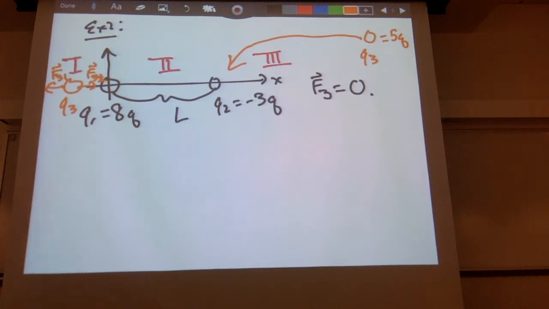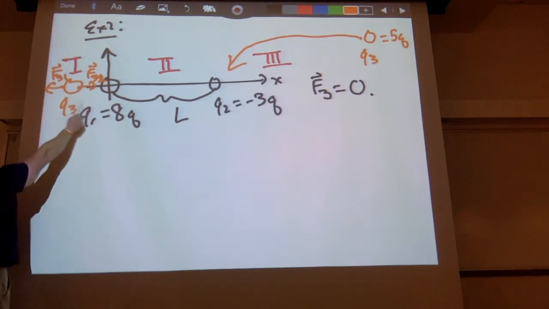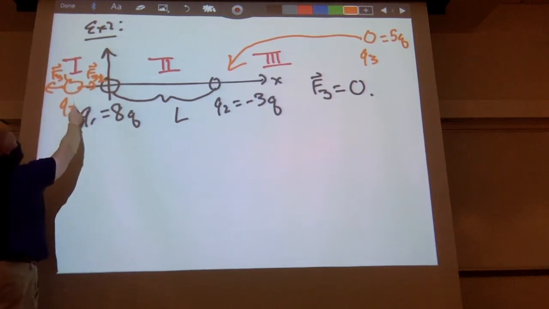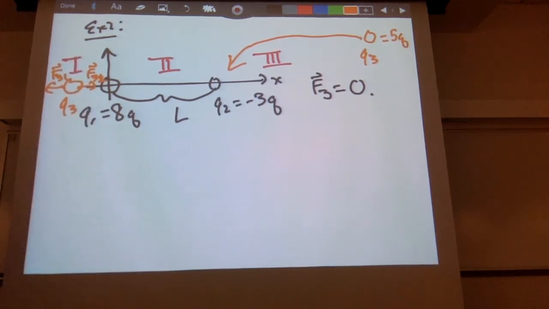But remember that Coulomb force goes as the product of the charges on top divided by the distance squared on the bottom. So what Derek is basically getting at is what? Here I have 5 times 8, which is a large number, but I also have a very small distance between these 2, which makes the size of this force very large. I have a large numerator divided by a very small denominator, which makes it a very large number.